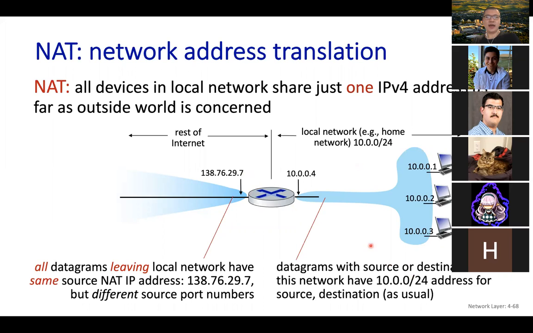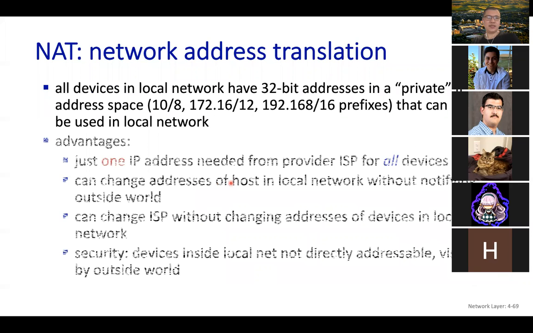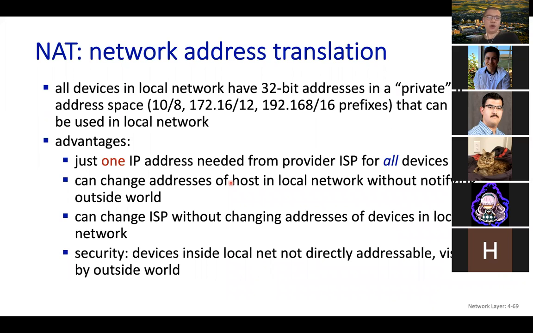Every device within the local network will use the same global IPv4 address. The benefit is that all of the local devices only share one IP address. No matter how you configure your local network, you don't need to change the global address.